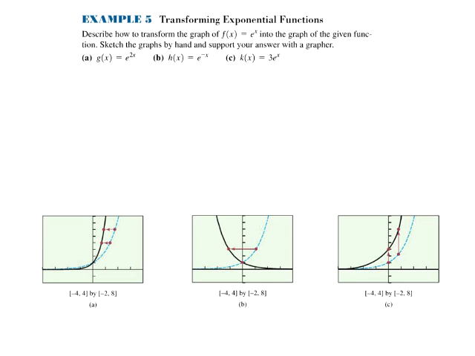Ooh, close. It is horizontal, but it's actually not a stretch. When we have horizontal, this is kind of the wonky one of the group. Horizontal, for sure, because it's affecting just the variable, but it is a horizontal shrink by a factor of 2.